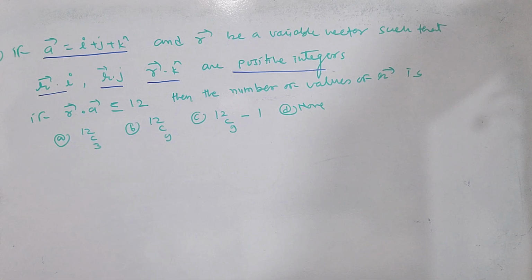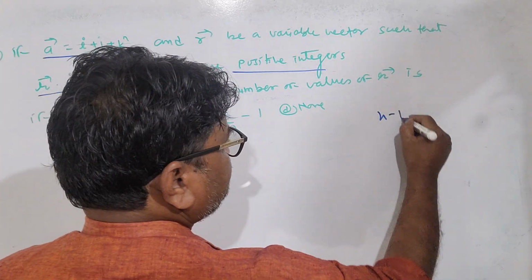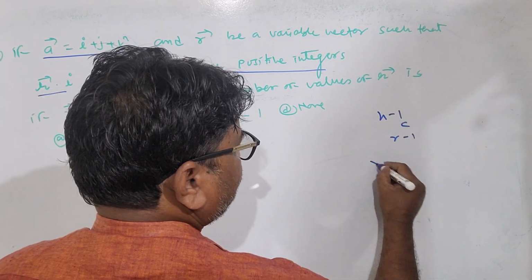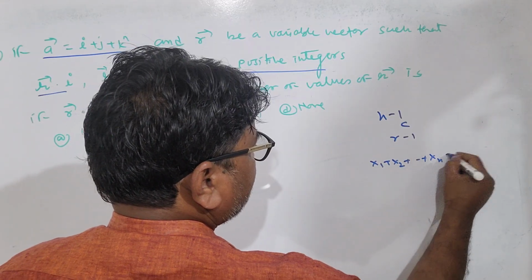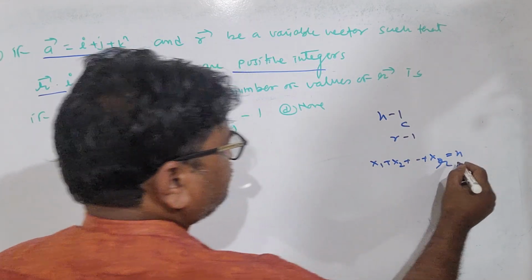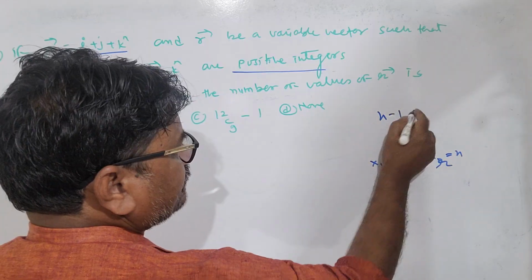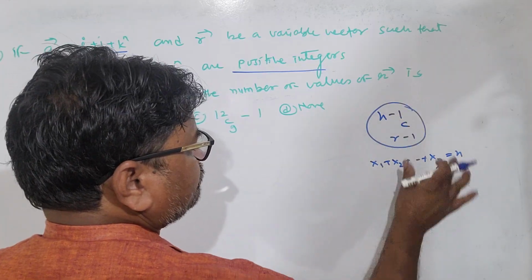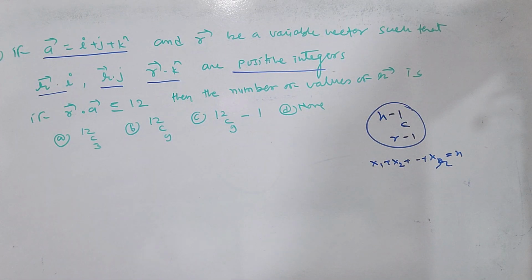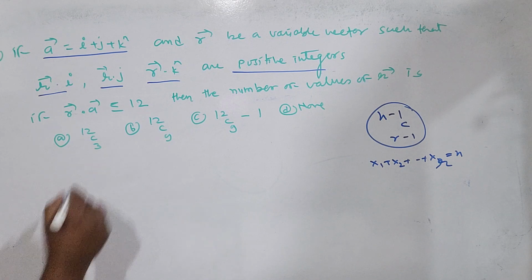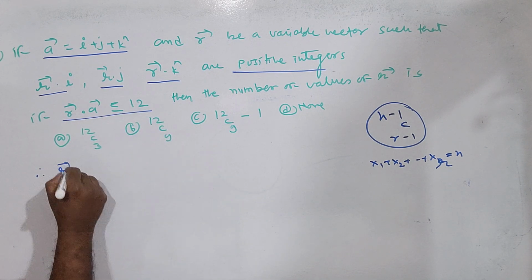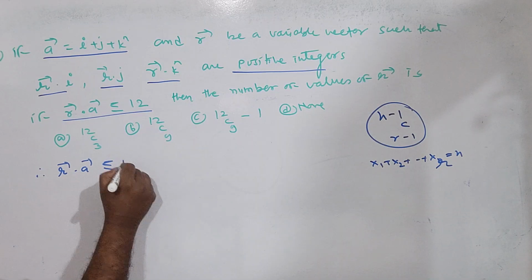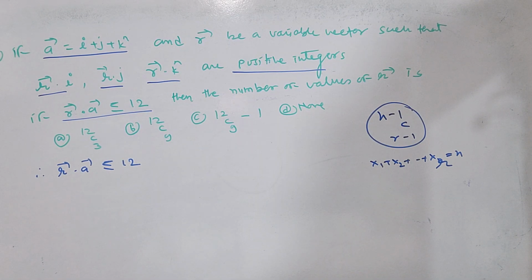So we have to find the positive integral solution of that equation. That is, we have to use the formula n minus 1 C r minus 1 for x1 plus x2 plus up to xr equal to n, to find its positive integral solution. If r dot a is less than or equal to 12, so look, r dot a less than or equal to 12.